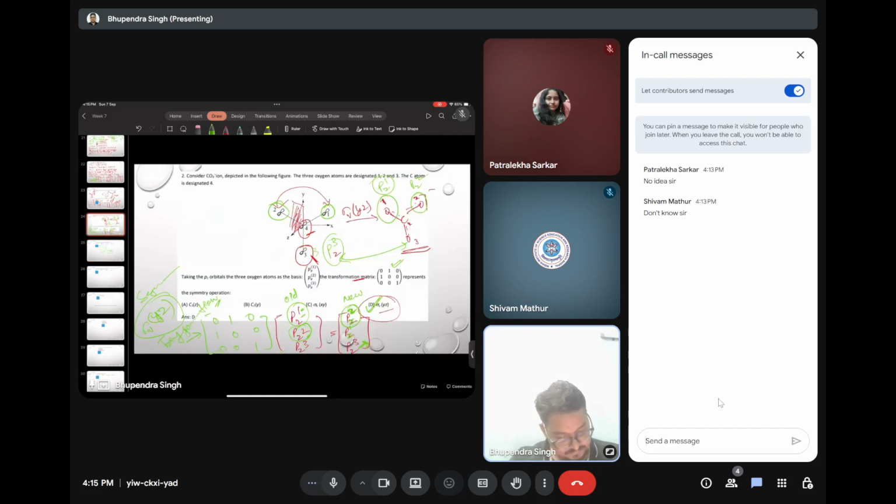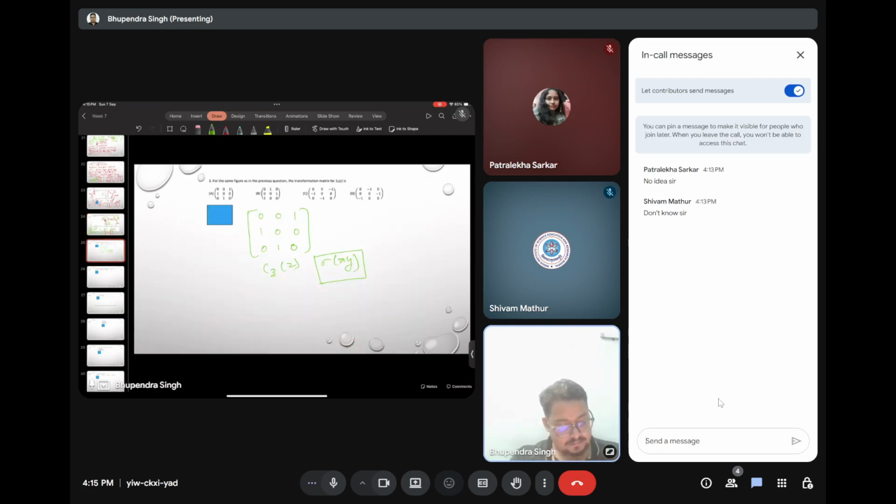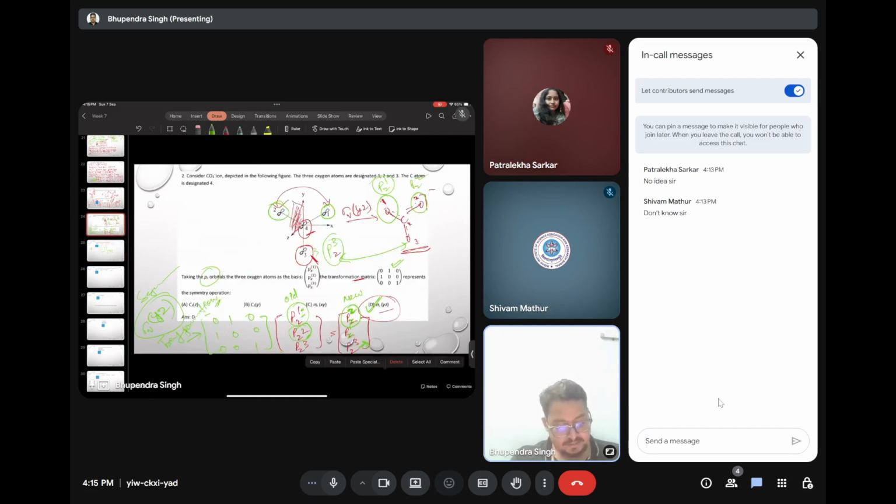The bases are these p orbitals. So a p orbital is like this, right? Plus, minus. Here all of them are in the xy plane, but they are below the plane and above the plane.